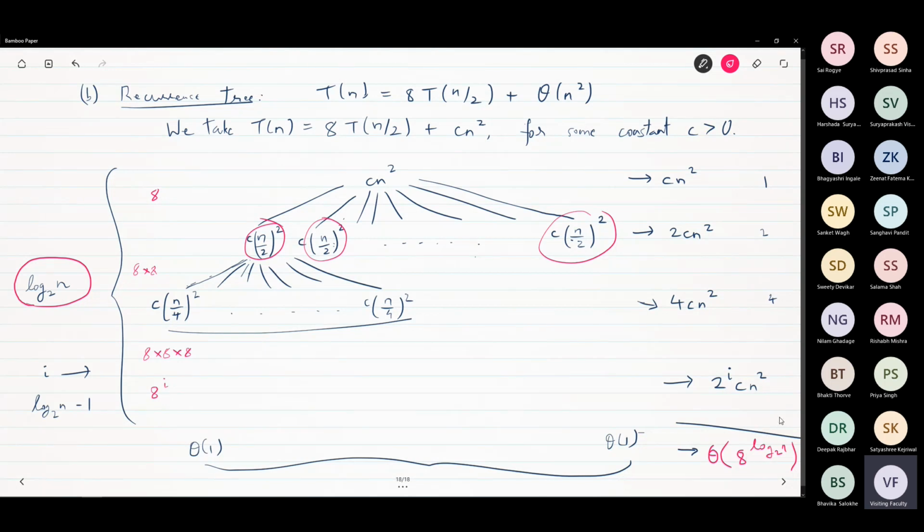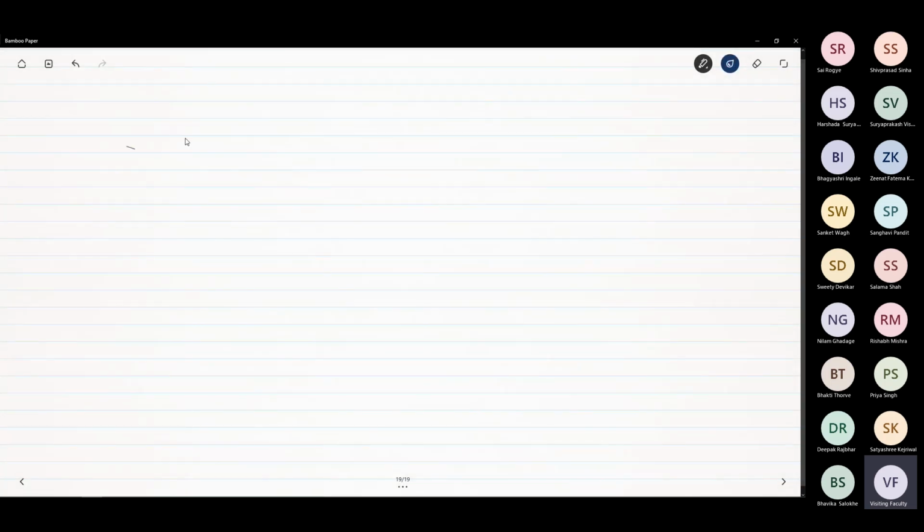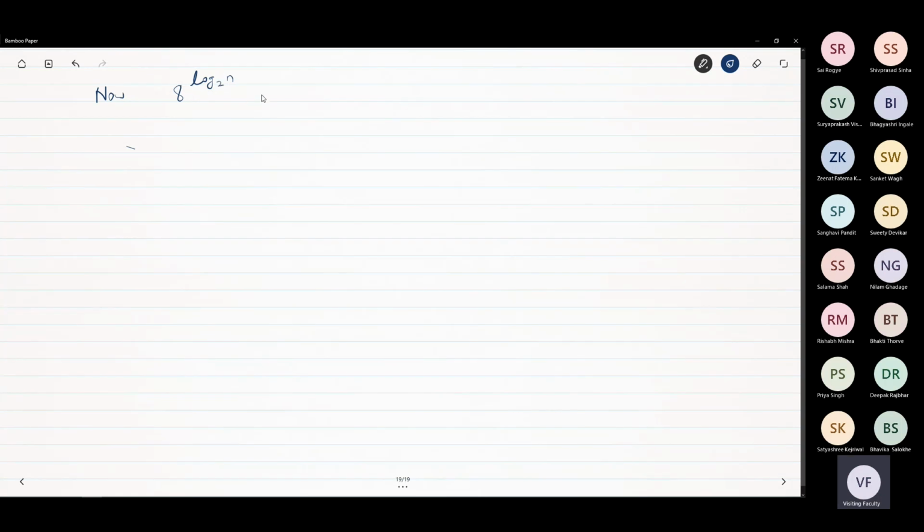Now you have to write this in terms of n raised to something. Right? Alright, so let's do that. This much is fine. 8 raised to log n to the base 2. What is this equal to? So we'll have to write this down. This is 2 raised to 3, right? So it's 2 raised to 3 log n to the base 2.